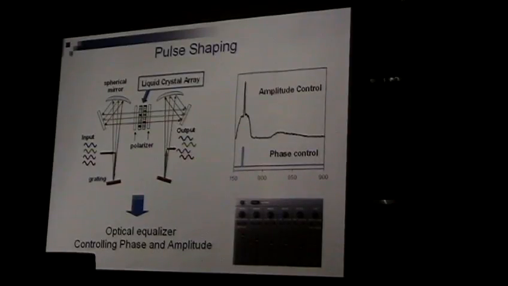You apply voltage to the liquid crystal at a specific position and it rotates. So you can rotate your optical axis, and with the polarizer, you can control amplitude, phase, everything. This is called a pulse shaper.